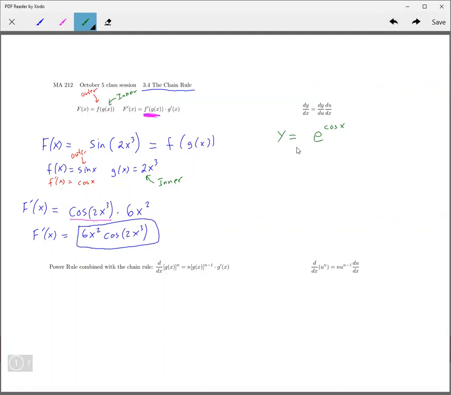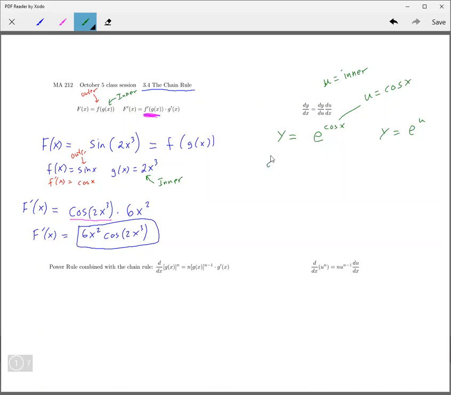So u is actually the inner function, and they don't talk about an outer function here. So the u in this case would be cosine x. You think of this as being e to the u.